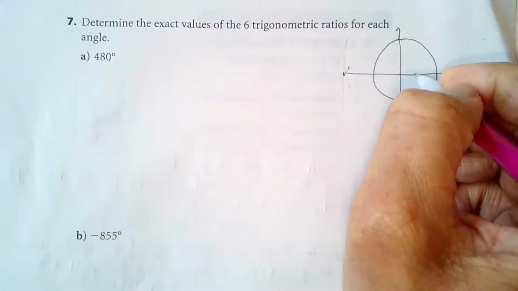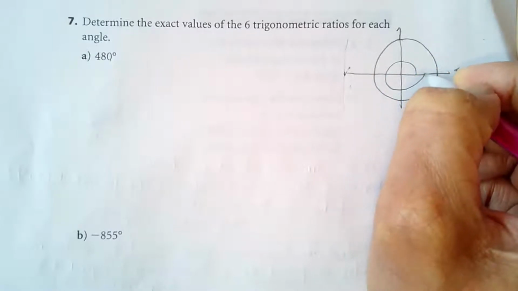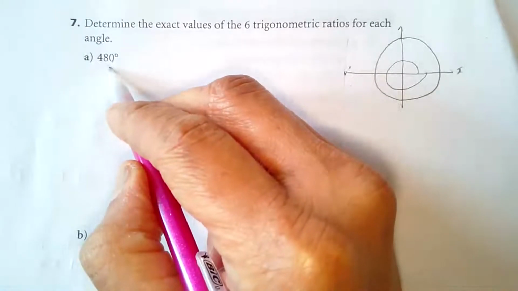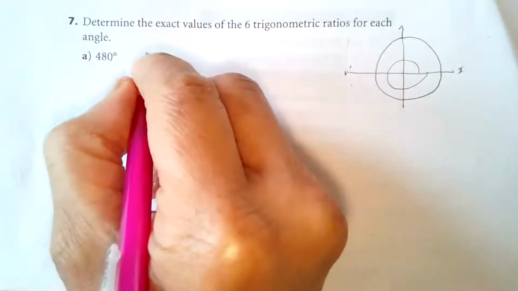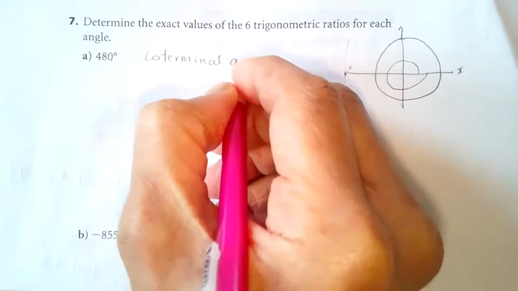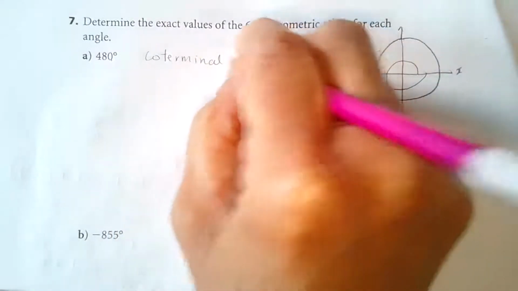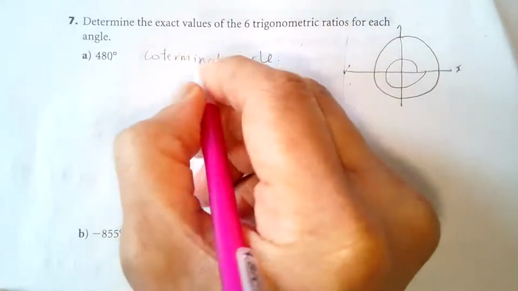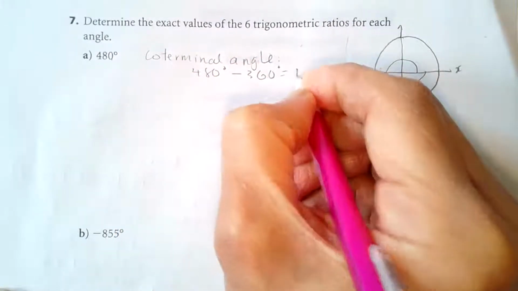So if you start from here, go around here, this is 180, 360. Now we have to go another 120. So let's find a coterminal angle. Remember, it's 480 degrees minus 360 degrees, which is 120 degrees.